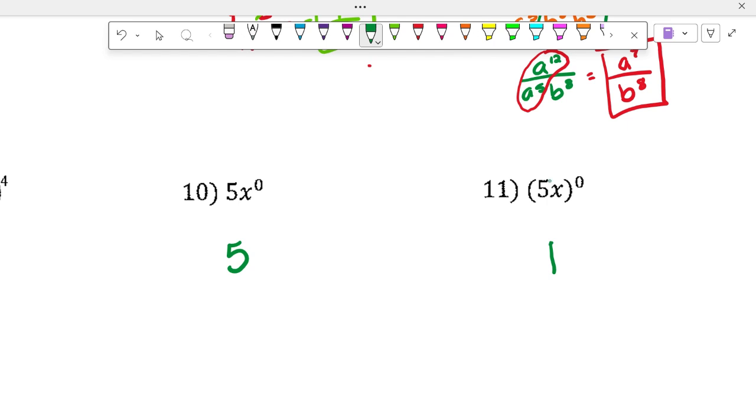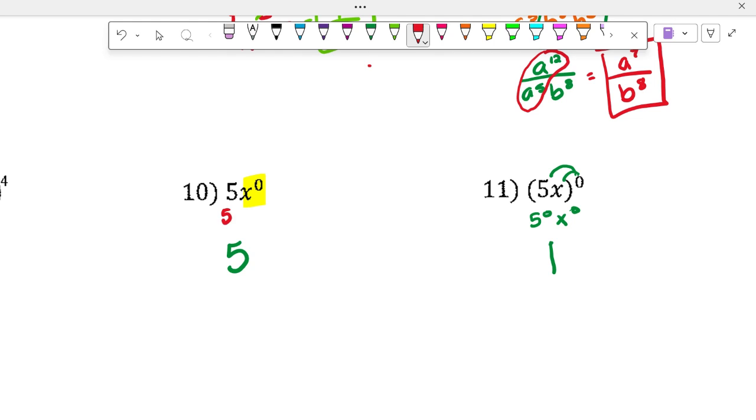So what would happen right here? What does this look like to us? It's a power rule, which means we would distribute the 0 to both of these. So this would be 5 to the 0 times x to the 0. Both of these are 1. 1 times 1 is 1. But what about number 10? What's the difference? It's only the x that has that 0 applied to it.